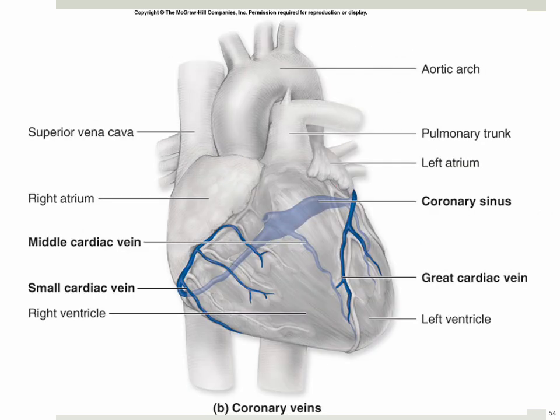If there are arteries, there need to be veins. The veins are going to stem from the coronary sinus, which is posterior, and then you're going to have the great cardiac vein, the middle cardiac vein, and the small cardiac vein. Think of it like holding the heart with your hands; that's how it's being engulfed by both arteries and veins.